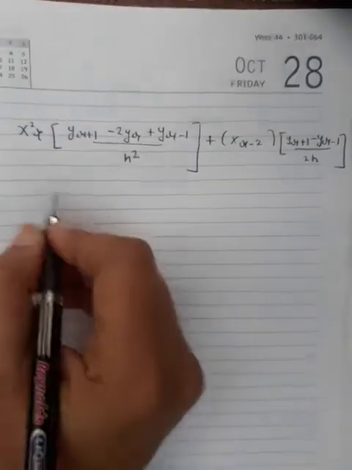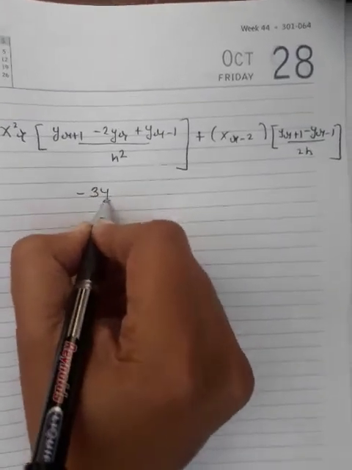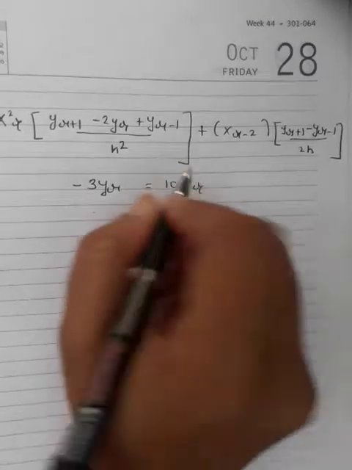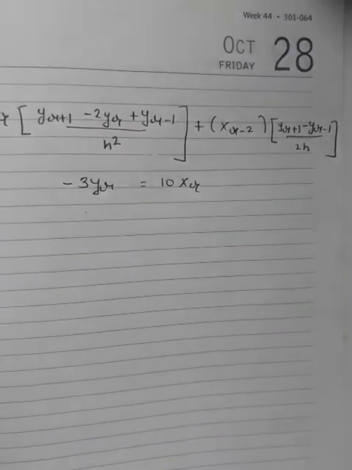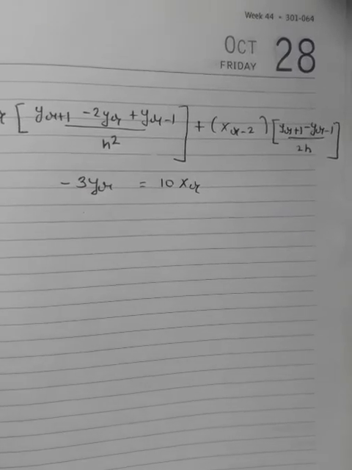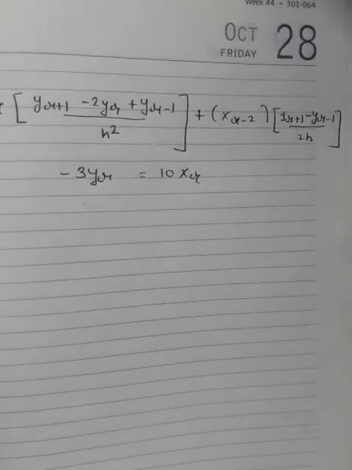Then minus 3y(r) is equal to 10 x r. So simply I have put here the values of d2y by dx square and dy by dx. Now the next thing is that you have to simplify the equation.